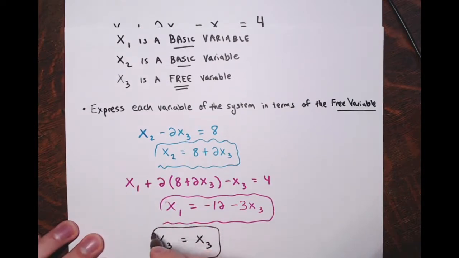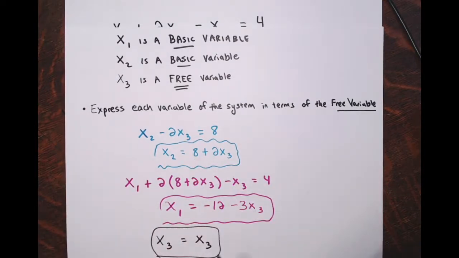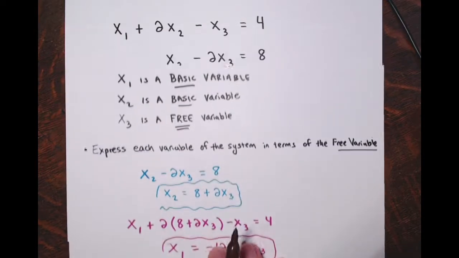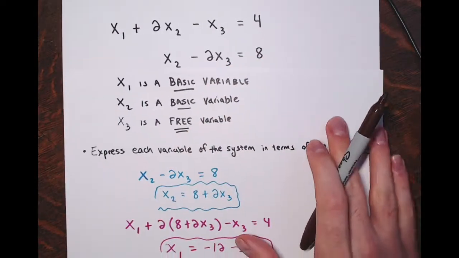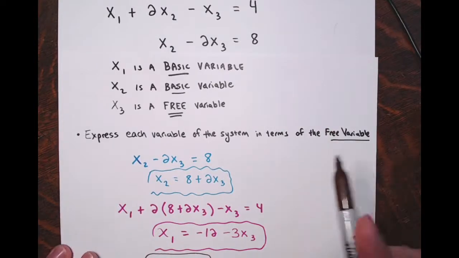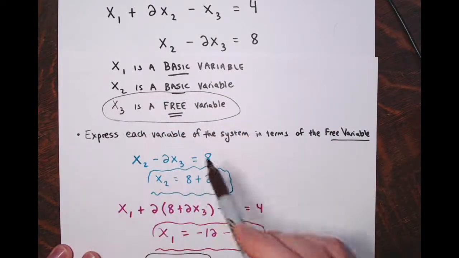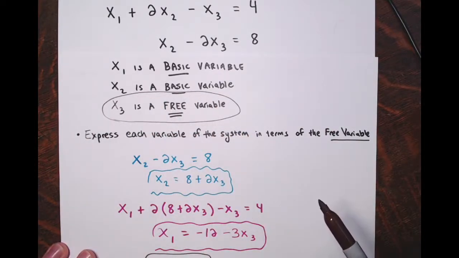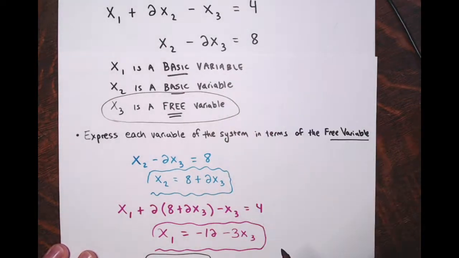And what we have here, and we'll get to this later, is a description of all the solutions, how to find all the solutions to this system by just replacing the free variable with any number you want. x3 is the free variable. I can replace x3 with any number I wish and get a solution to this system.